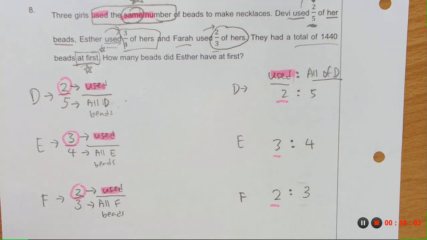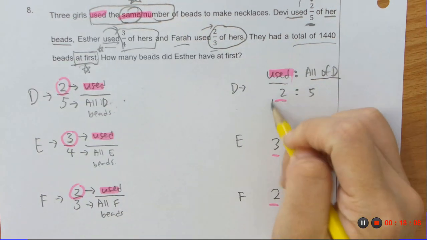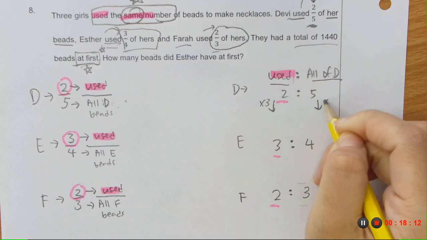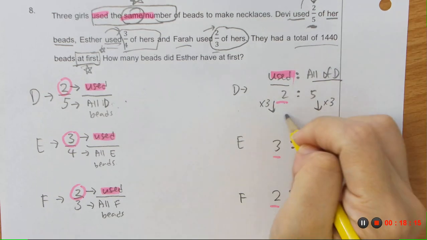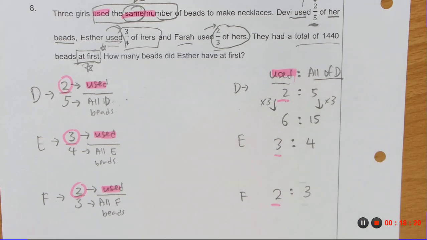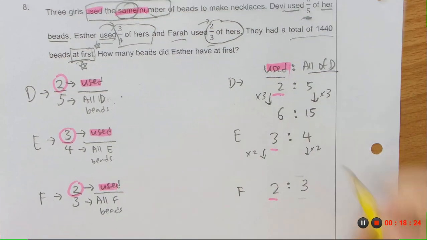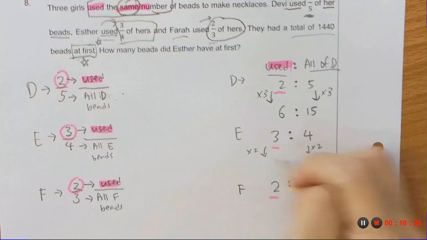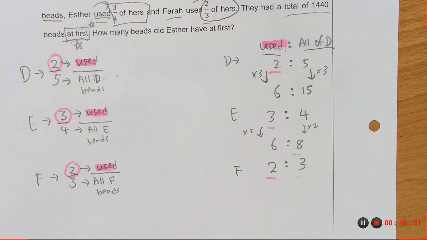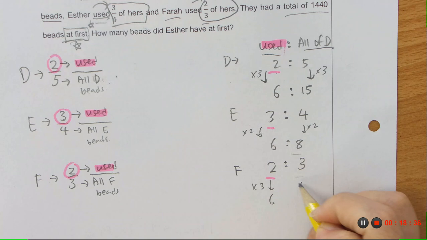6. Very good. I convert for Davy. What would it be? 6:15. I convert for Esther. It will be 6:8. I convert for Farah. 6:9.